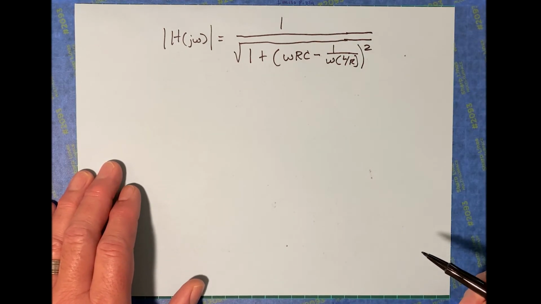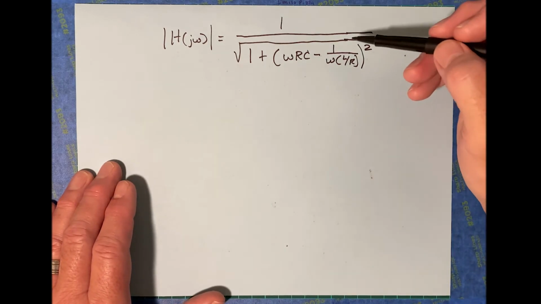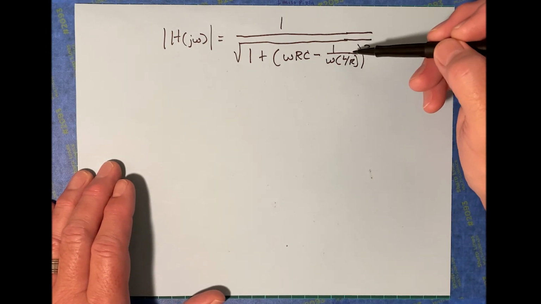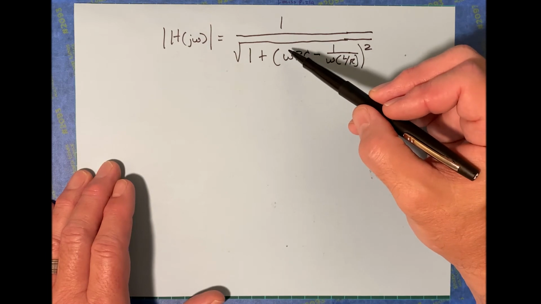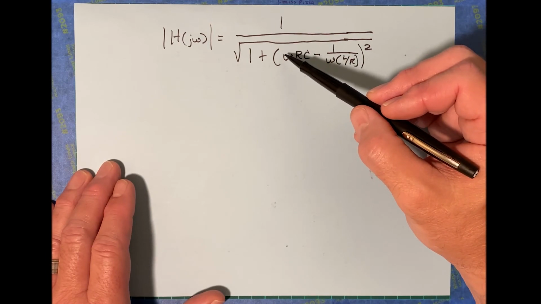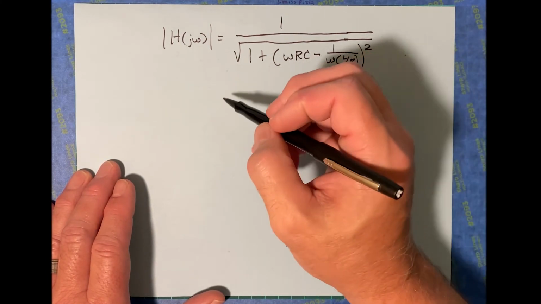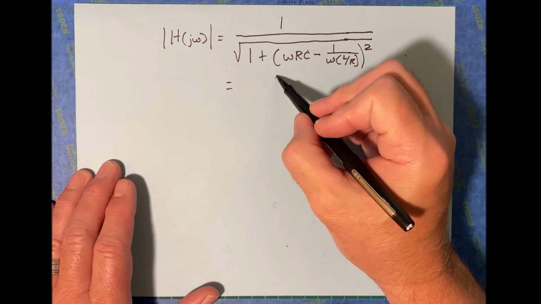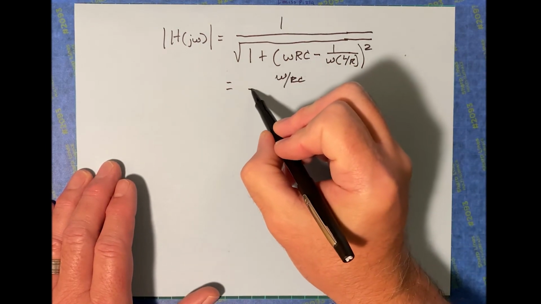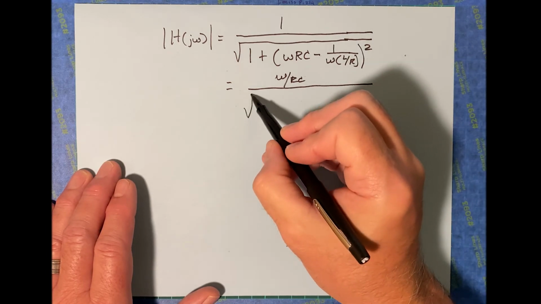Like that. Okay. So the magnitude of this transfer function is max when the stuff that is, I'm sorry, let me rewrite it the way that you saw previously.